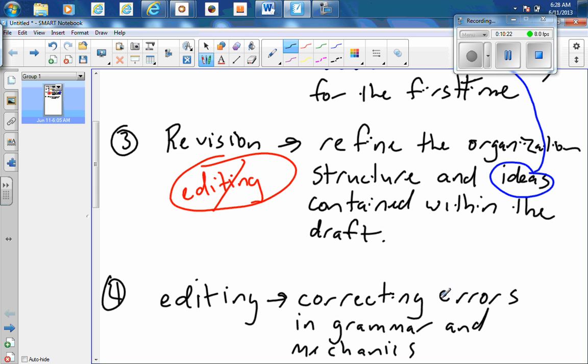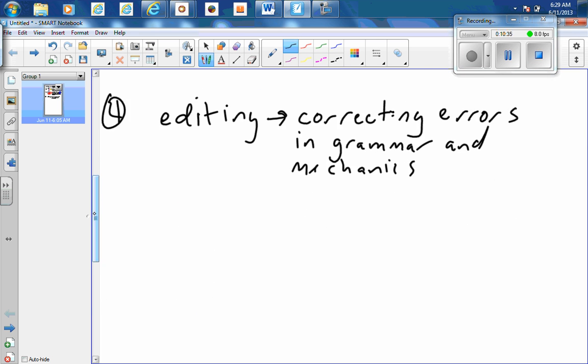Which means you're going to have to re-edit again. However, most students just never go back and re-edit. So important. When I teach you how to do this, we're going to revise first, and then we're going to edit. And after you've edited, with all those wonderful marks and whatnot, the final part is final draft.